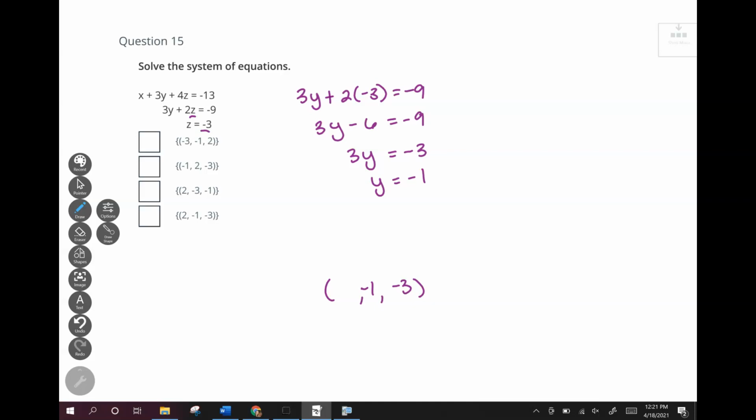So I will plug in both of those variables now into the first equation. x plus 3 times negative 1 plus 4 times negative 3 equals negative 13.